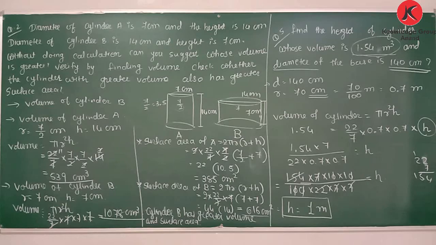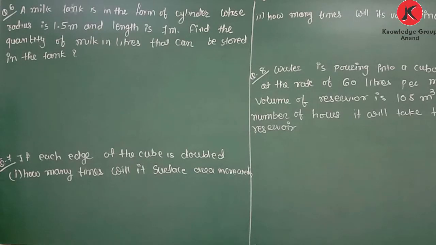Question number 6. A milk tank is in the form of a cylinder whose radius is 1.5 meter and length is 7 meter. Find the quantity of milk in liters that can be stored in the tank.